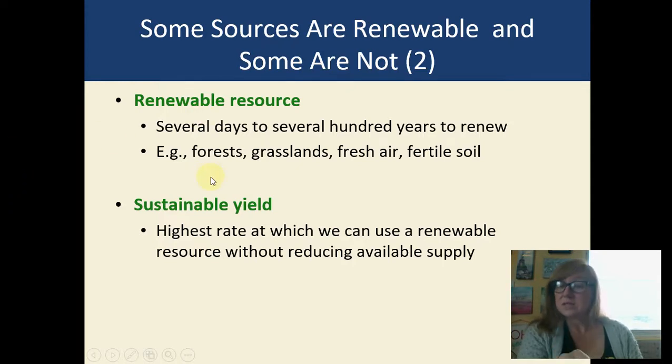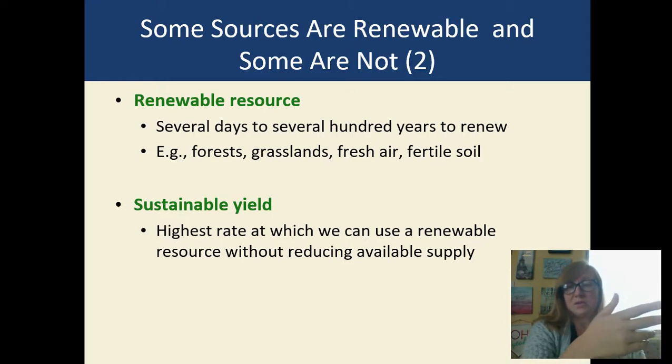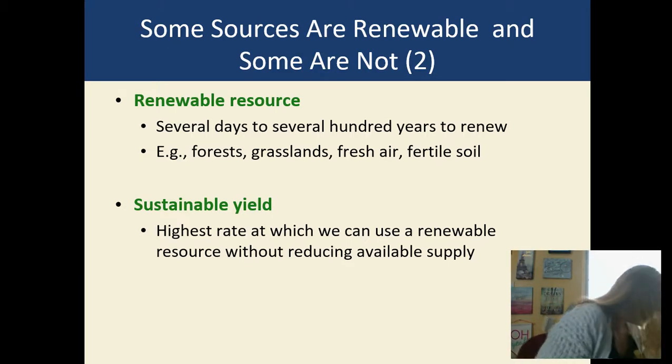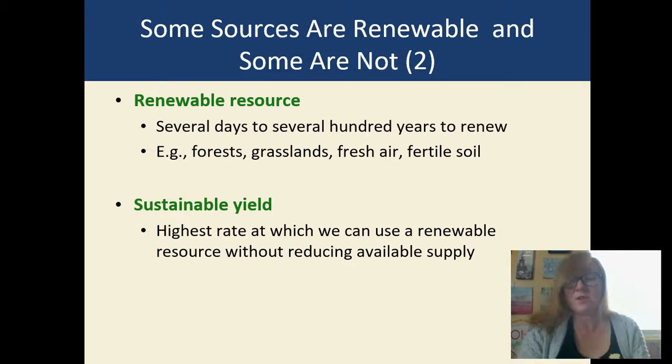You can just put an example if you're like, I know that. Or if you're like, okay, I didn't know that maybe it only takes several days to renew, or several hundred years, well, that seems like a lot for a renewable resource. So write down the facts that you don't know, or you're like, I need to know that. You don't need to write every single word. Excuse me. I don't have editing software, so you have to hear that.